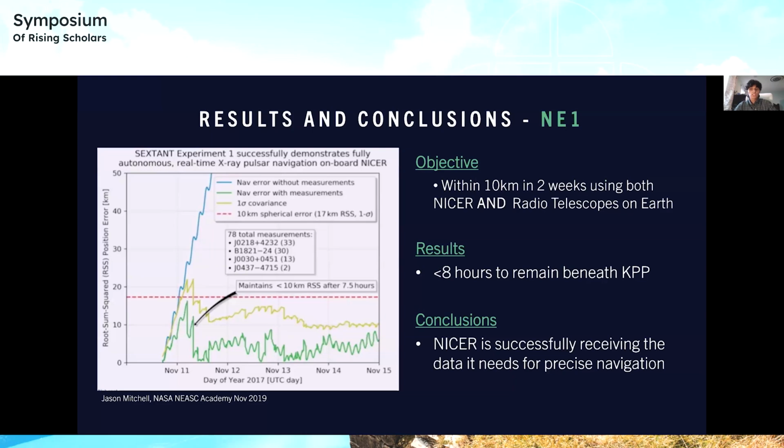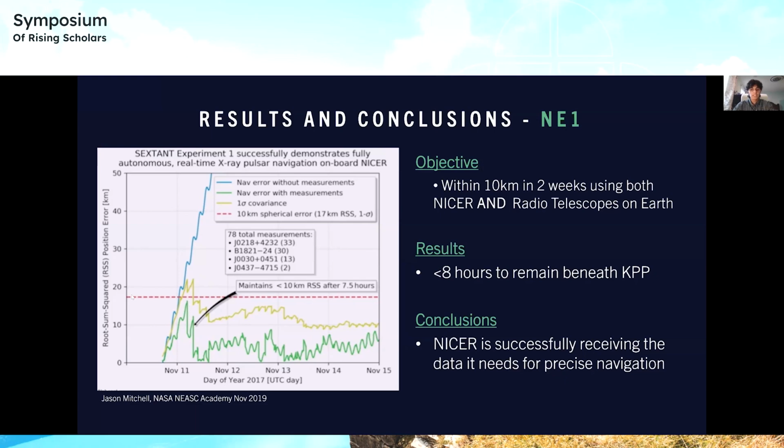All right, so the results and conclusions of NE number 1 is the graph you can see on the left. The big thing here is that this graph is basically not changed from what was actually detected during the time of experiments. As you can see in the green line, which is the nav error with measurements, the result of the actual analysis, just within 8 hours, it was below the KPP.